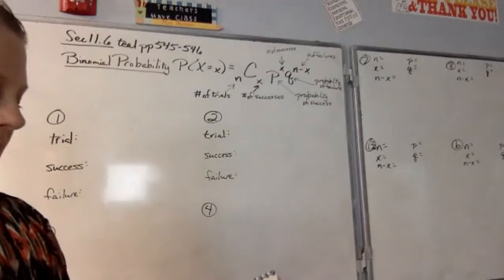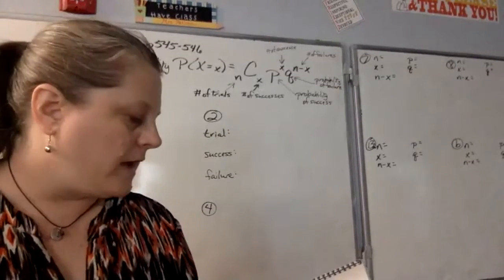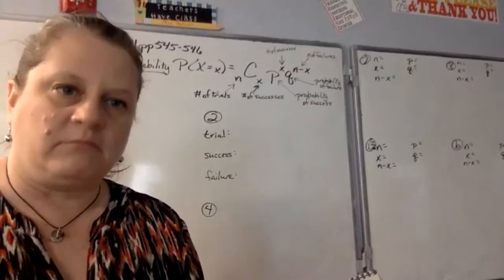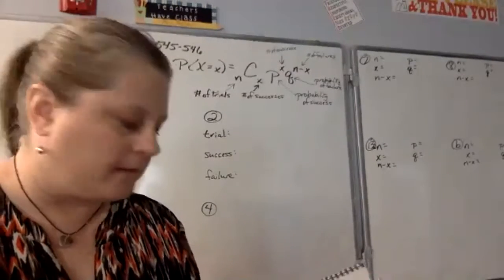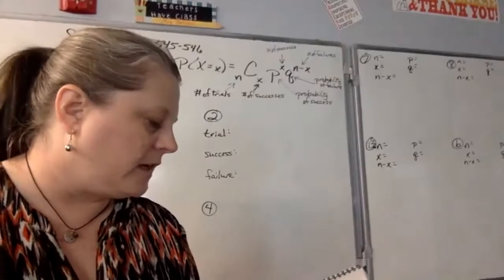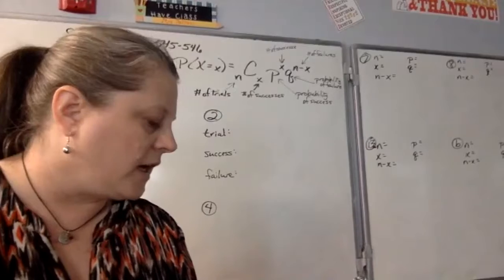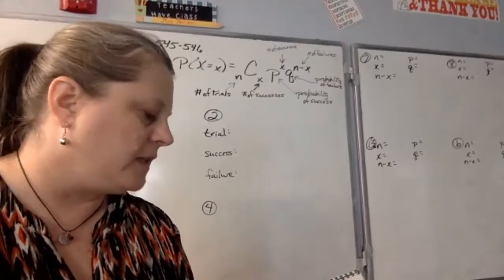It says Brianna throws a ball at a target 15 times. So 15 would be the number of times she threw it. That's the number of times she did the experiment. She can hit the bullseye 60% of the time. What is the probability that she hits the target 10 of the 15 times?